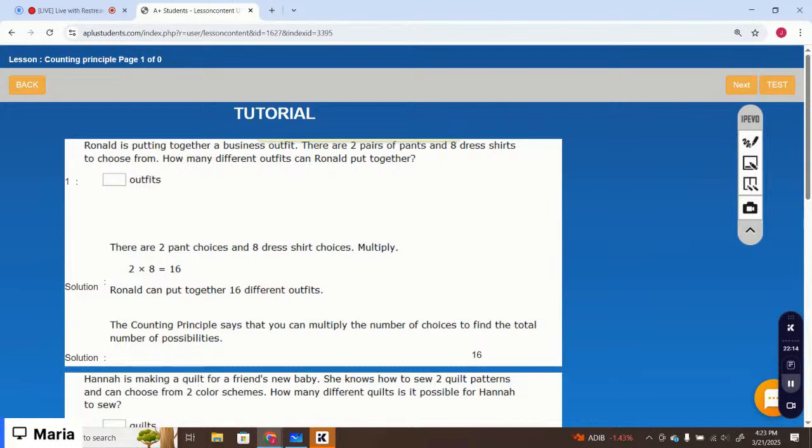Ronald is putting together a business outfit. There are two pairs of pants and eight dress shirts to choose from. How many different outfits can Ronald put together?